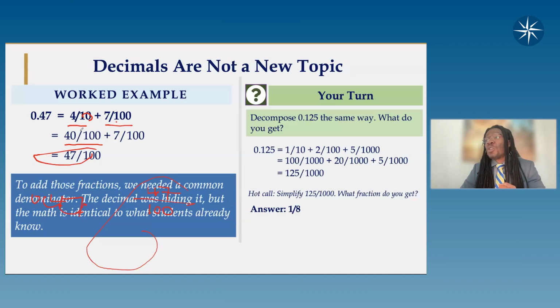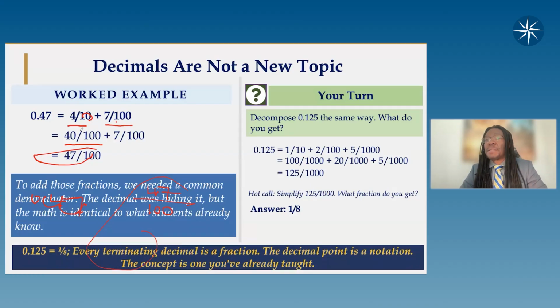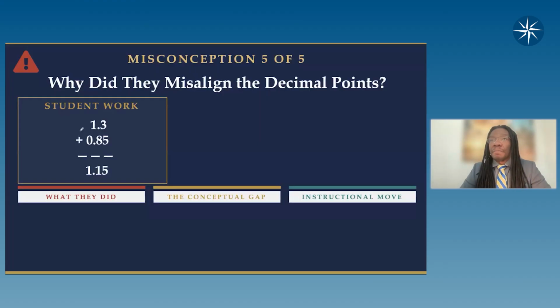But if they stay at 125 over 1,000, I would be fine with that. And then we could talk about simplification later on, because we more than likely would not have covered that concept by that time. Okay. Again, it's nothing new. Decimals is not a new system per se from fractions. Decimals and fractions, they live within the same system.